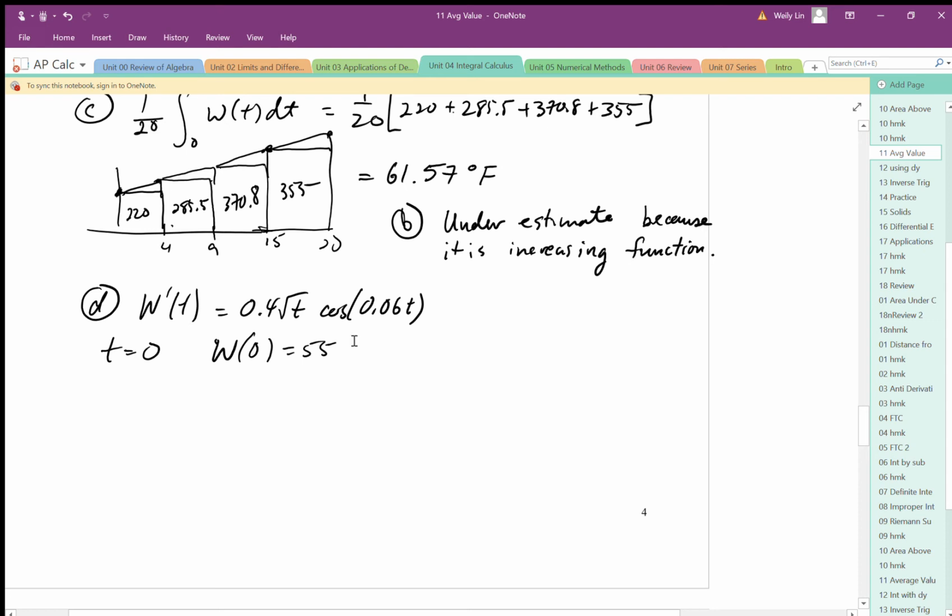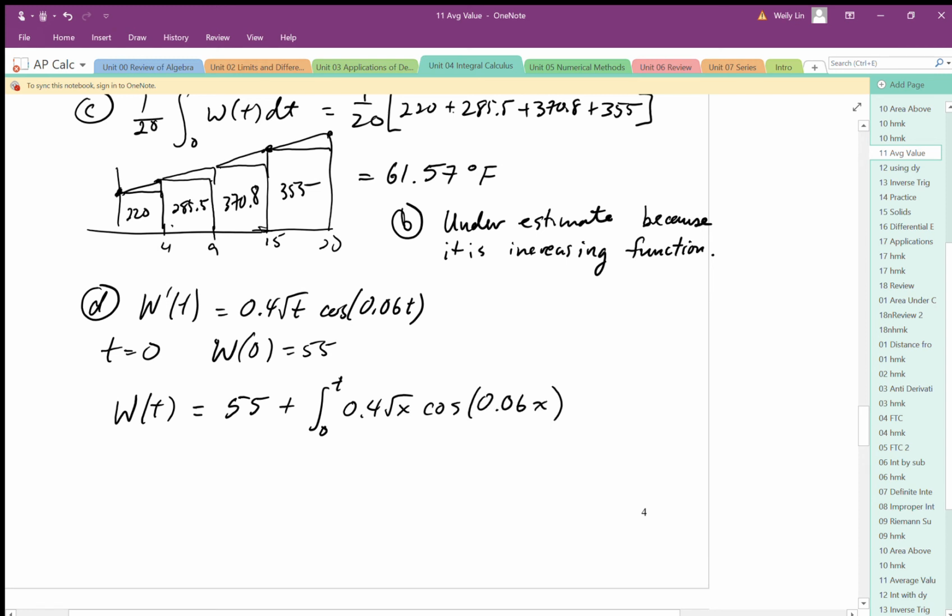Okay. If I want to calculate the W function, W of T, I can use the area underneath the W prime to get the displacement on the W function. So if I know that I start at 55 degrees and at T equals 0 to T equals T, this function 0.4 square root x cosine 0.06 x.